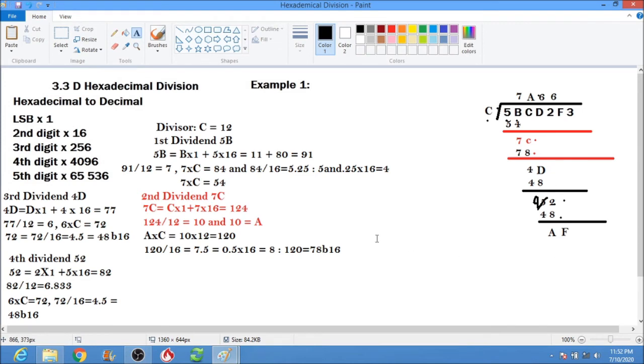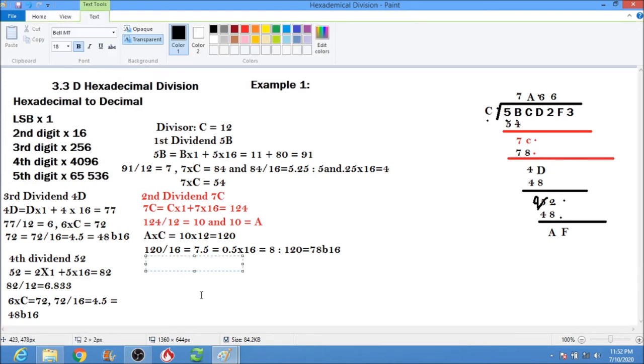Then the fifth dividend is equal to AF, and AF is equal to F times 1 plus 10 times 16.